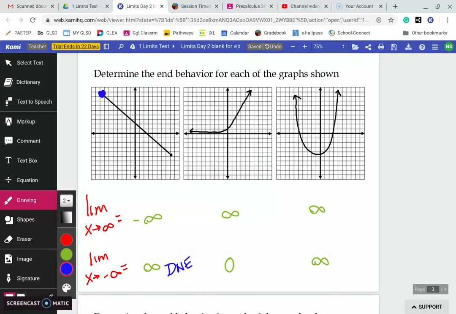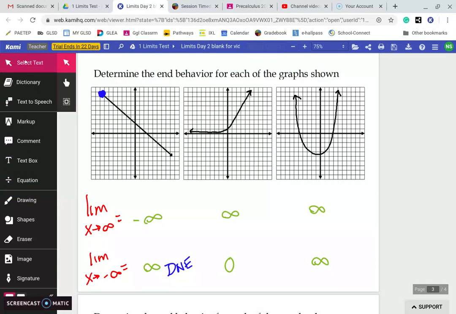And that's because my graph stops. There is no limit. So if I'm going over here way to where, like I said, x is like negative a million, there would be no graph. So if the graph stops at any point and does not continue on to the left or to the right, then that limit wouldn't exist because there isn't an end behavior to speak of. So I just wanted to throw that in there.